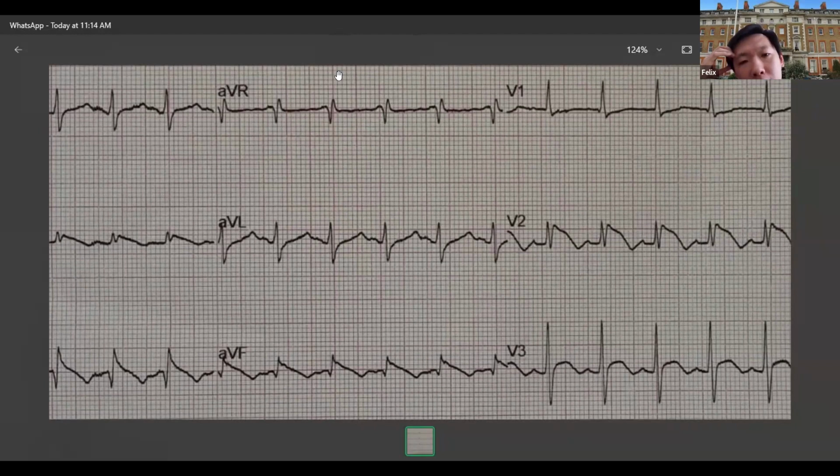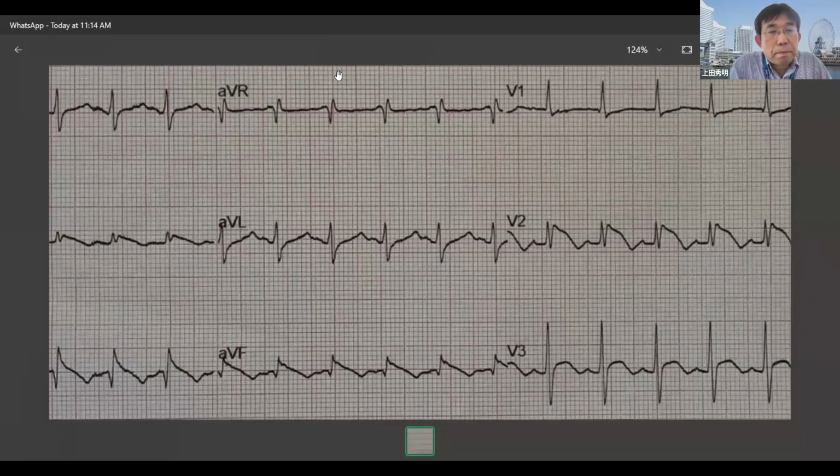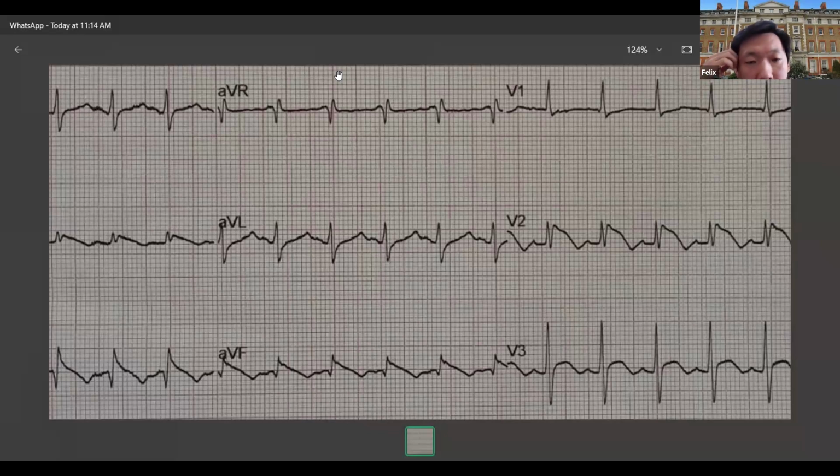Can severe anemia cause this arrhythmia, Professor? I'm sorry. Can severe anemia, or severely low hemoglobin, cause this arrhythmia? As you know, if the hemoglobin is below 5, that means the O2 delivery is so low, it should be one third or one quarter of the normal healthy state.